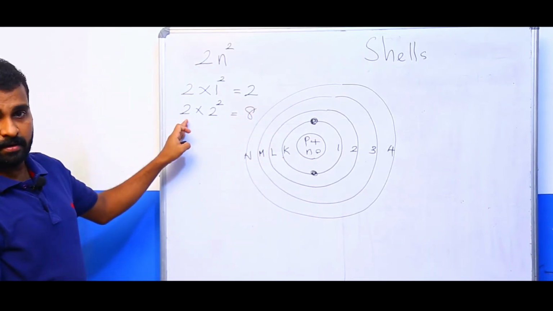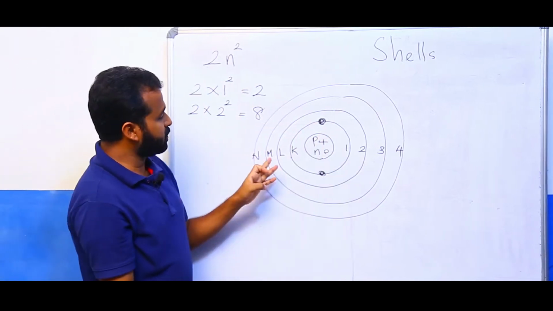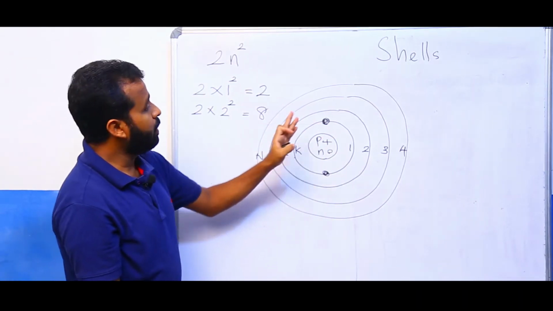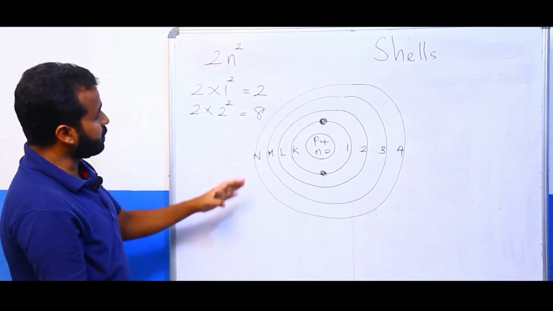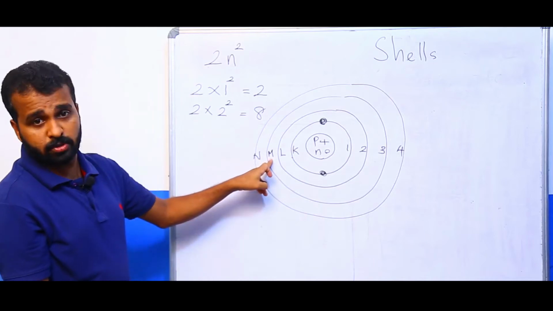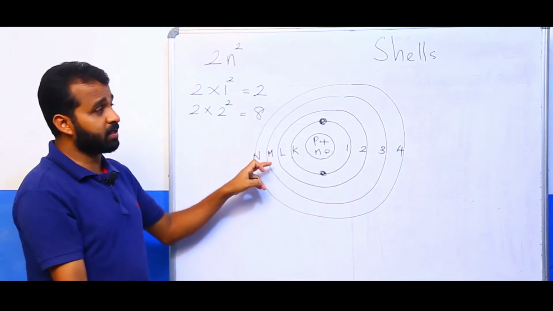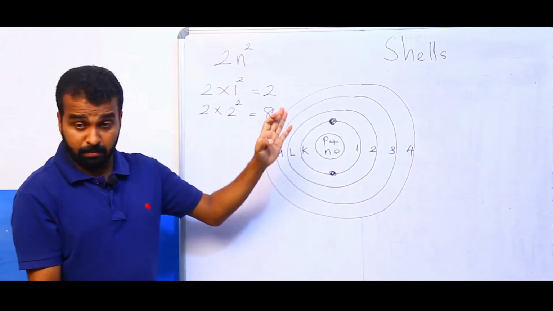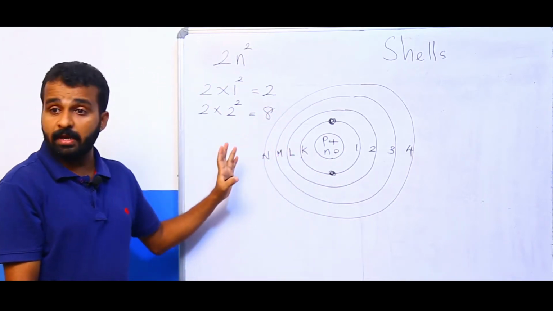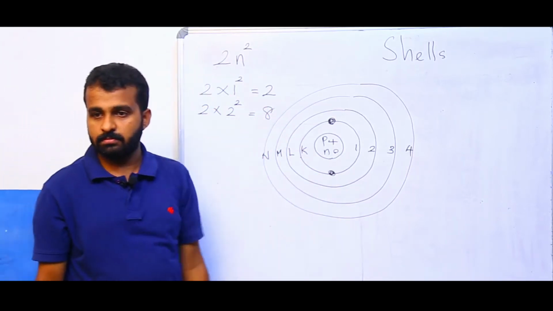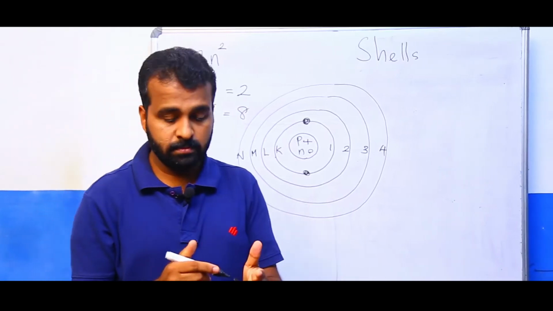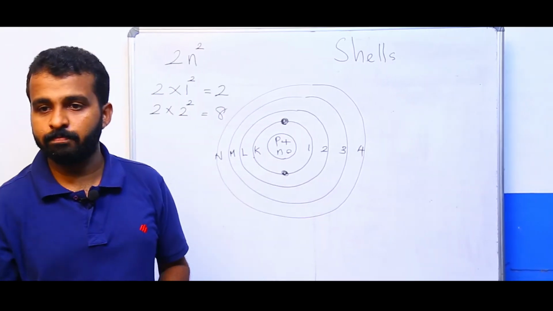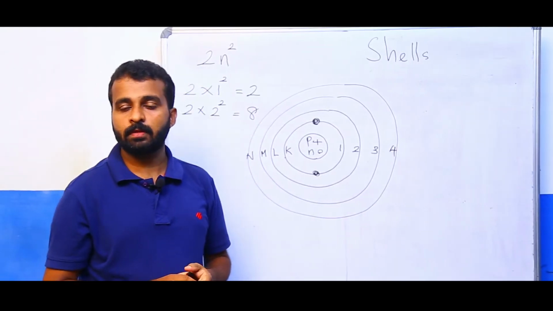In the same manner, the third shell is the M shell. How can we find the number of electrons accommodated in the M shell? All of you take a notebook, write this equation and find the number of electrons accommodated in K, L, M, N by using this equation. Ready? Speed up. Finish?